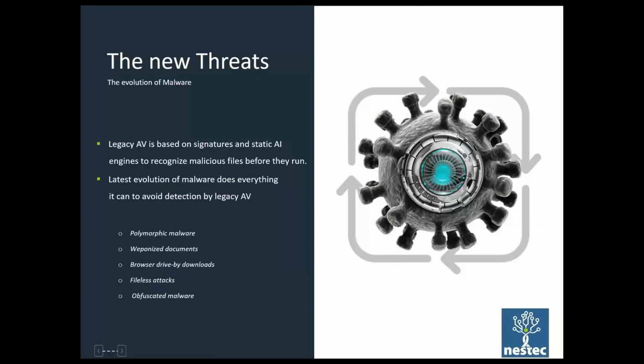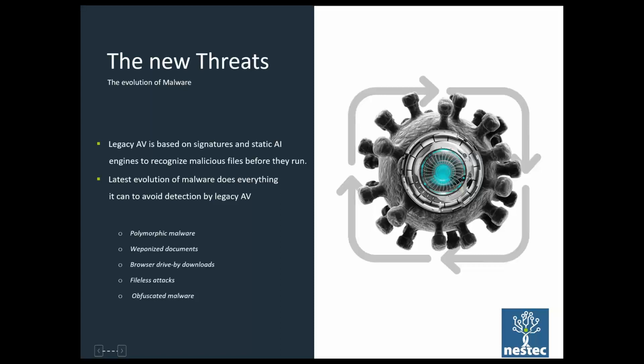But also, what's really important to mention, ransomware is not the only threat out there that we need to be worried about. As we know, legacy antivirus is based on signatures and static artificial intelligence engines to recognize malicious files before they run on the system.